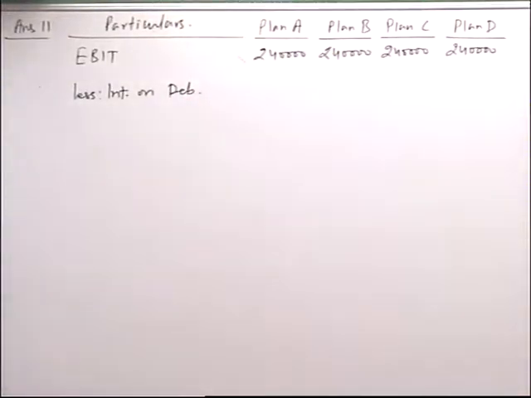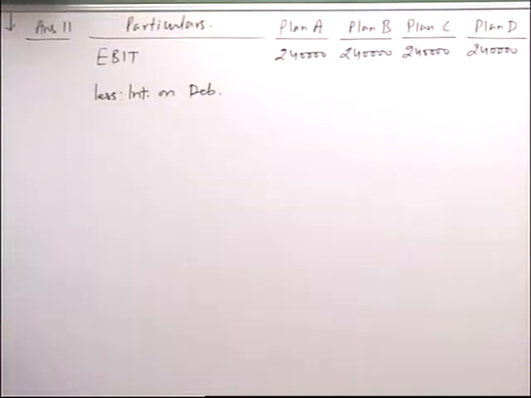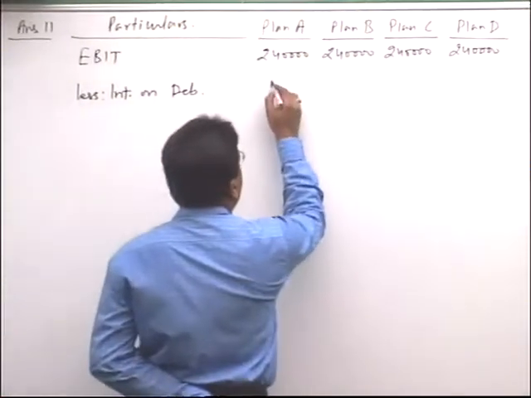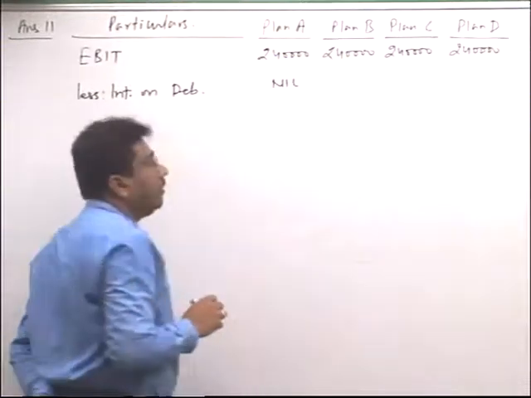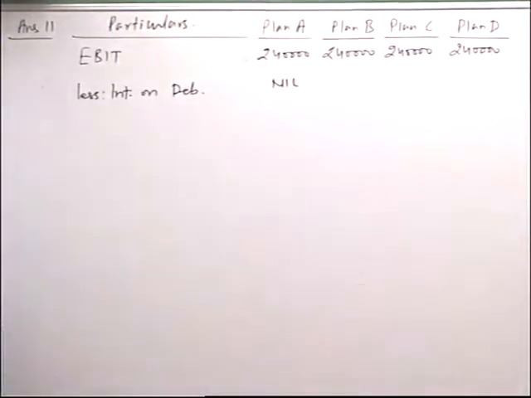You can see that in Plan A, the old capital is 10 lakhs through equity and the new capital is also through equity. So, in Plan A there will not be any interest because there is no debt, so interest on debenture will be nil.